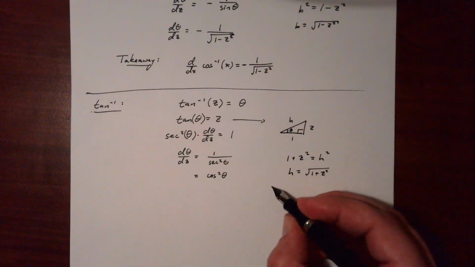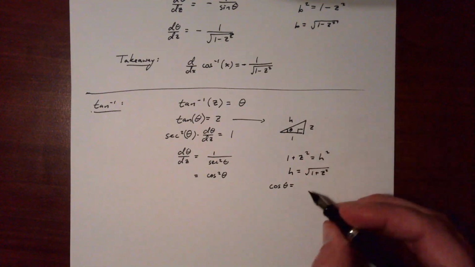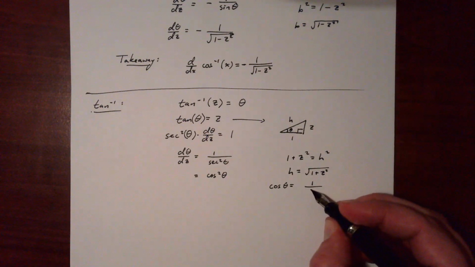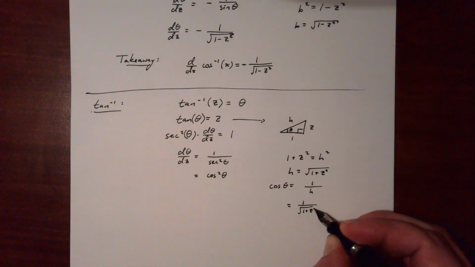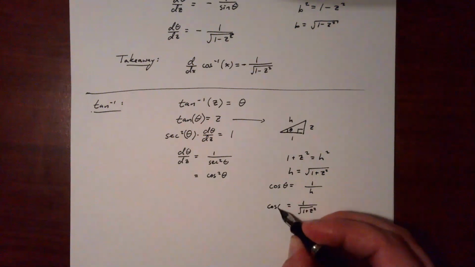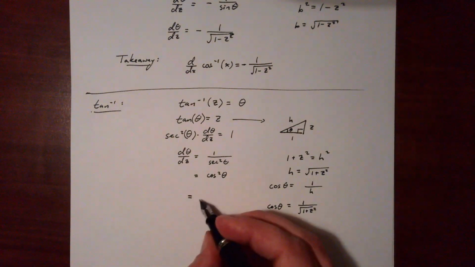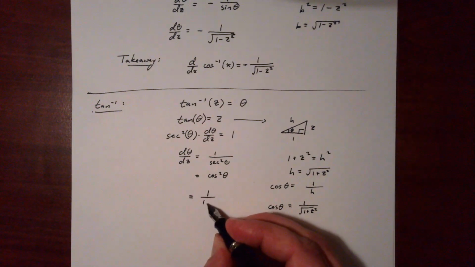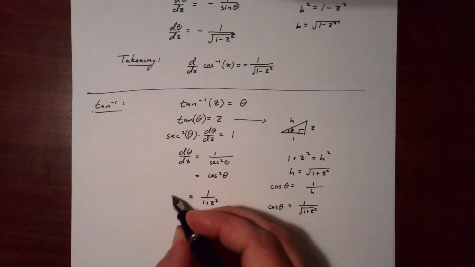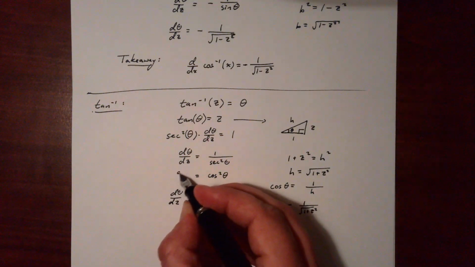Now what is the cosine of theta going to be? It's going to be the adjacent over the hypotenuse, so it's going to be 1 over h. So it's 1 over square root of 1 plus z squared. Which means then, if I want the cosine squared, I just square this. And so then bye-bye square root, and what we have is 1 over 1 plus z squared. d theta dz.